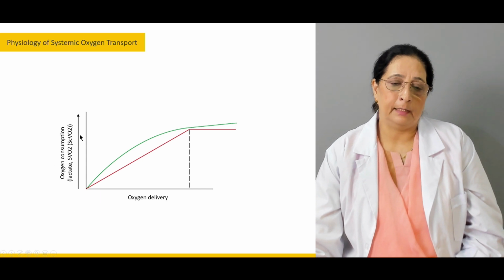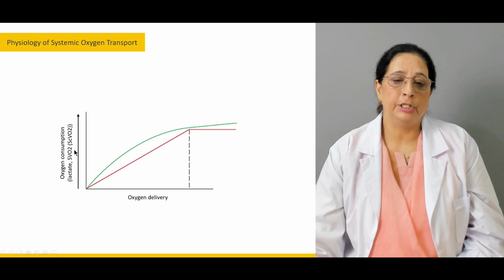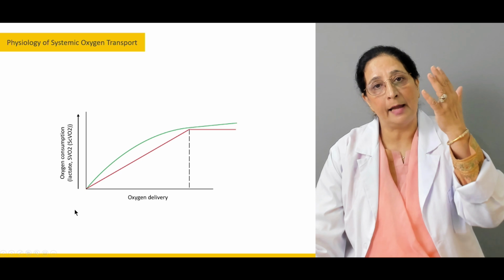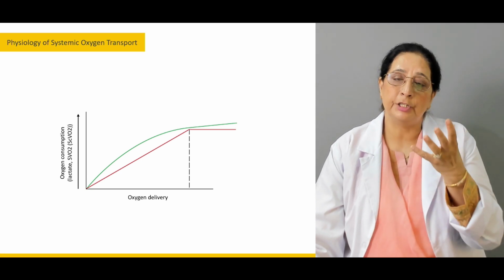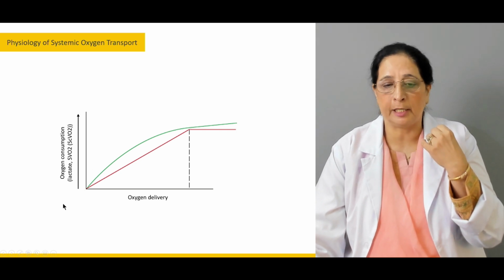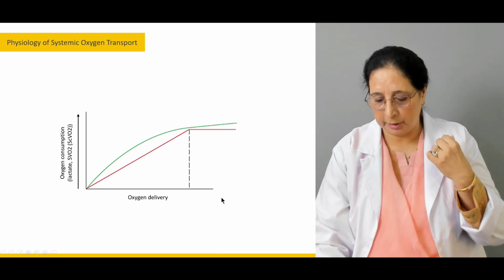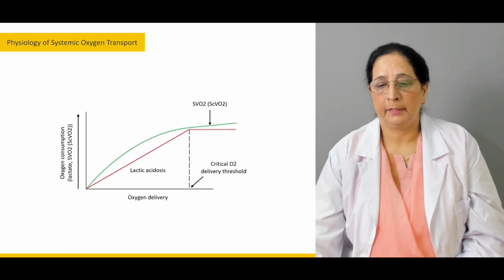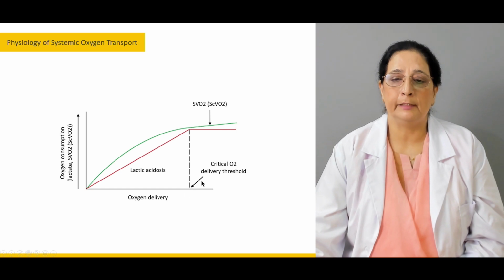So we have lactate, venous oxygen saturation. If the level of lactate is increasing, and venous oxygen concentration is increasing in this direction, then the delivery of oxygen is usually maximum. This is the critical oxygen delivery threshold.